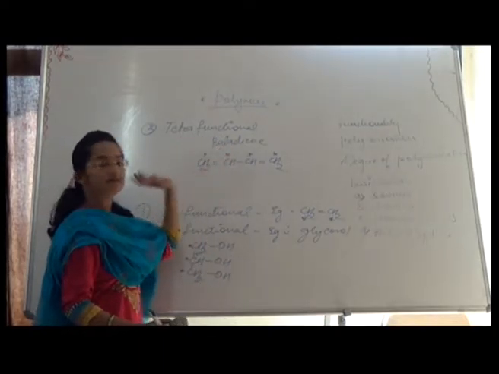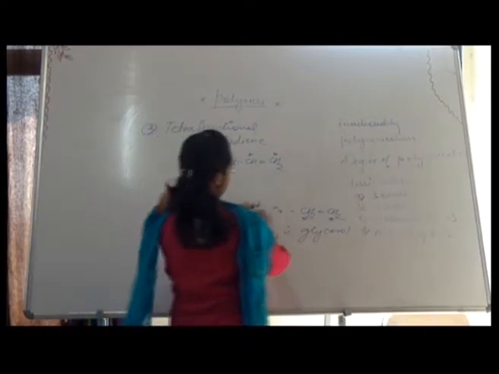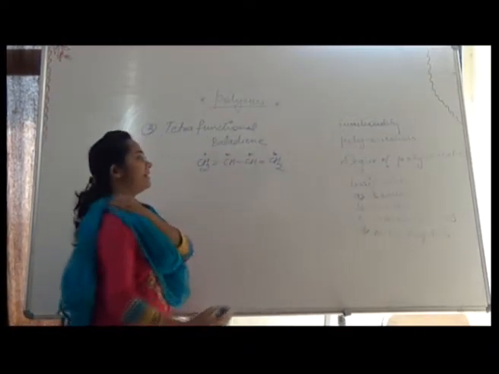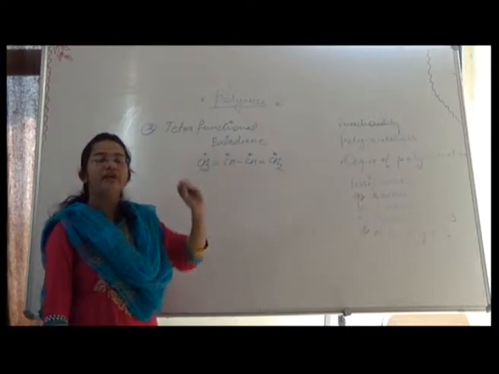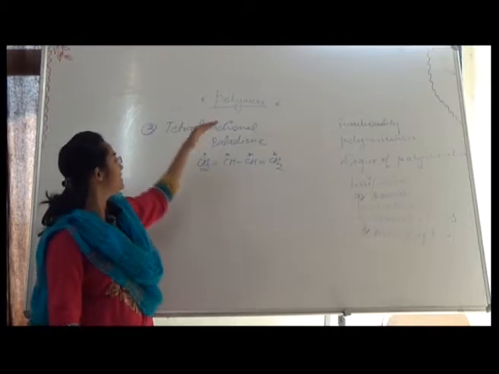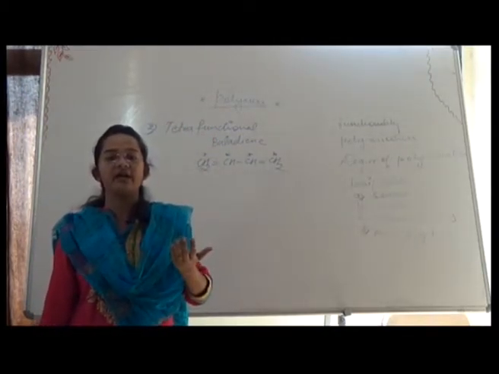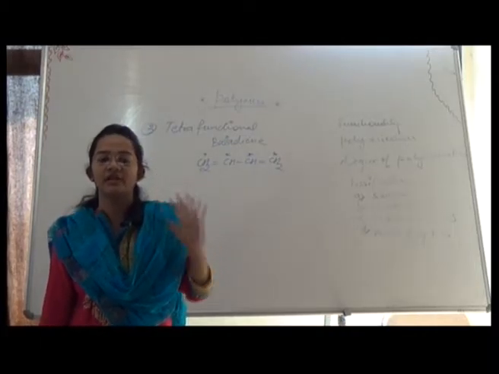Hence, it is termed as a tetrafunctional. So, all of you are now clear with what is functionality. We have termed it as the number of active sites or functional groups present in a monomer, and according to that we have classified it into three different types, that is bifunctional, trifunctional and tetrafunctional.